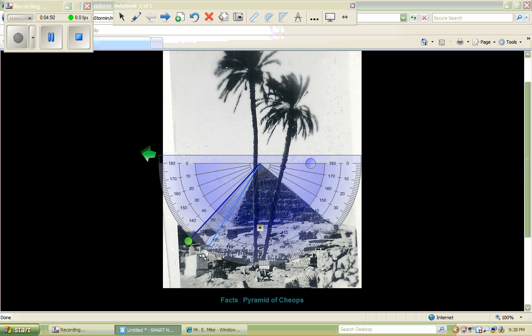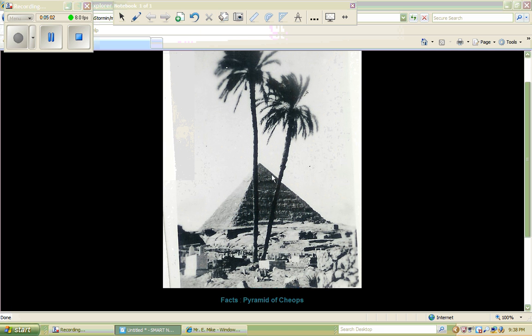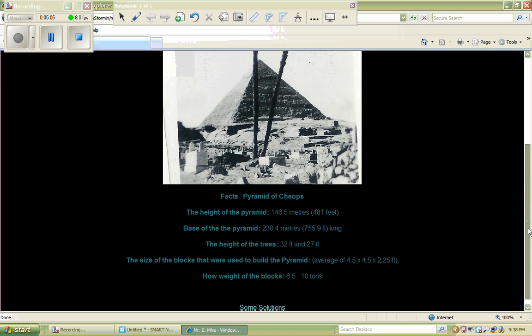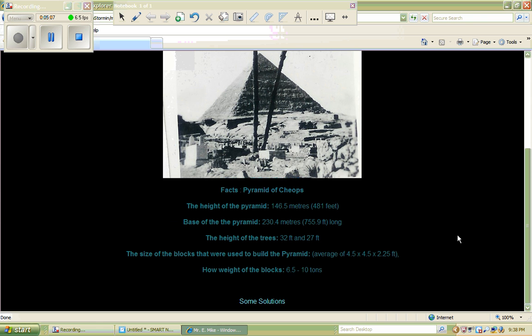You also can look at this angle right here. So that's very interesting. So you can always come back to this. Now, continue your discussions and explorations of the Great Pyramid of Cheops. Look at these facts and enjoy the math of ancient Egypt.